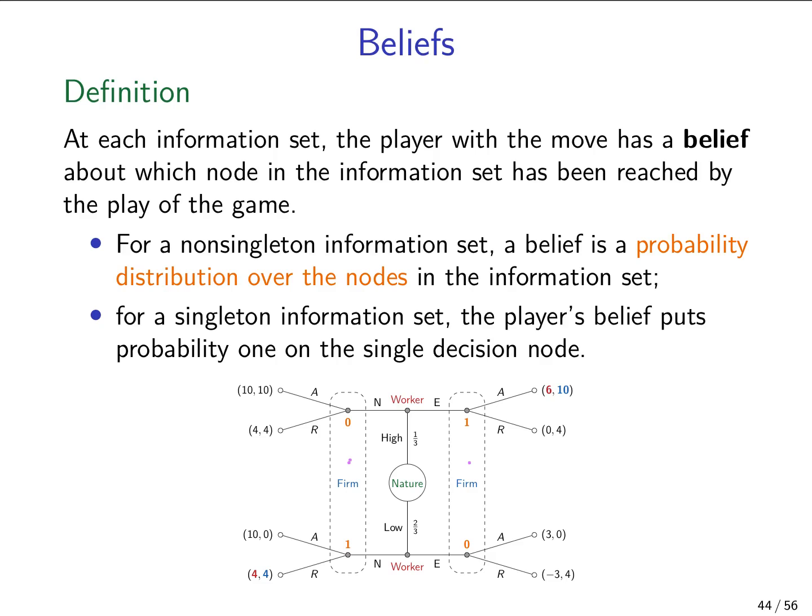If the firm observes that the worker has education, the firm would be here. However, the firm would not know which node they are in, which means the firm doesn't know which type the worker is, right? But the firm could form a belief, right?